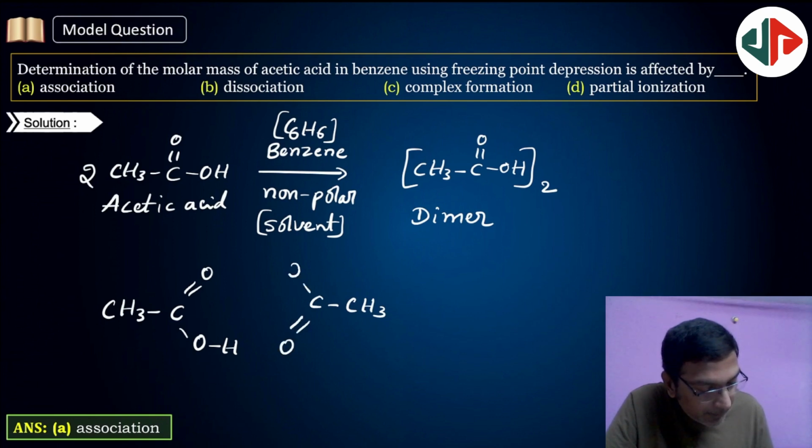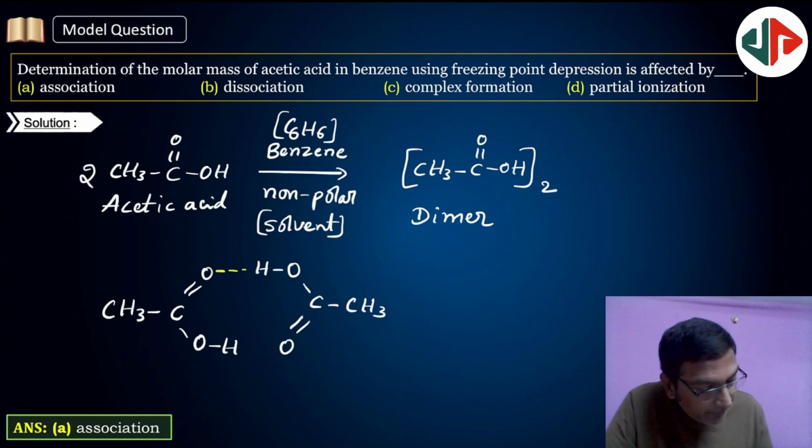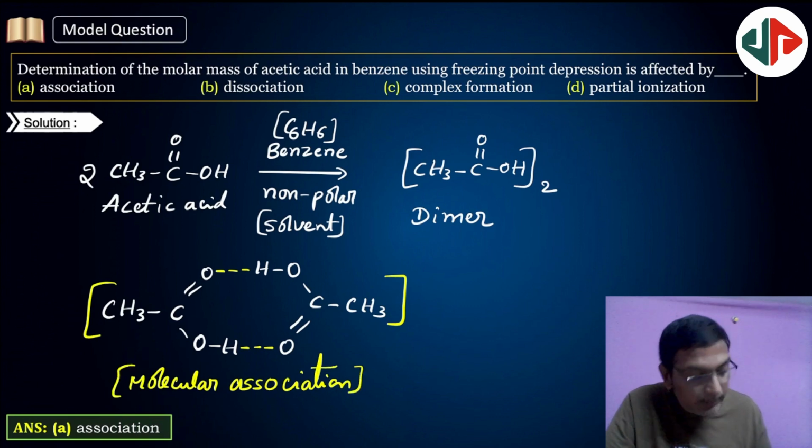Double bond O and OH. Here there is formation of hydrogen bond. So molecular association. That forms dimer.